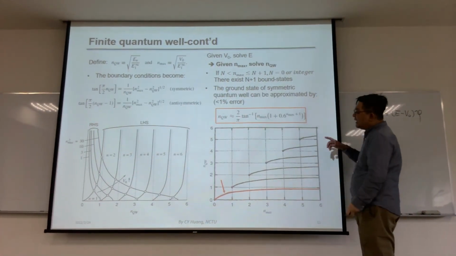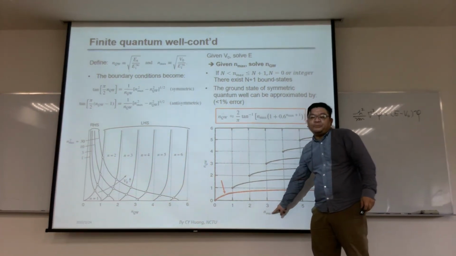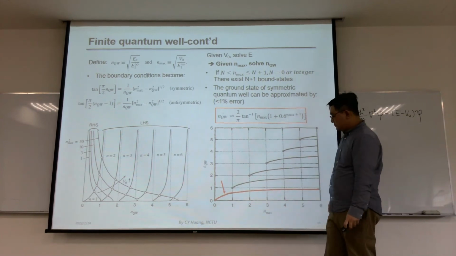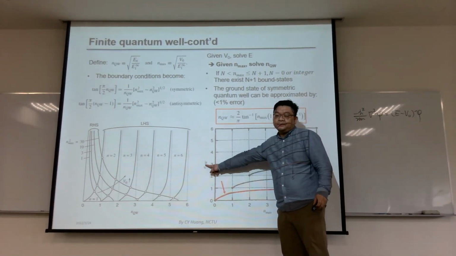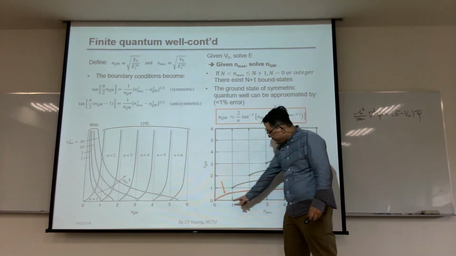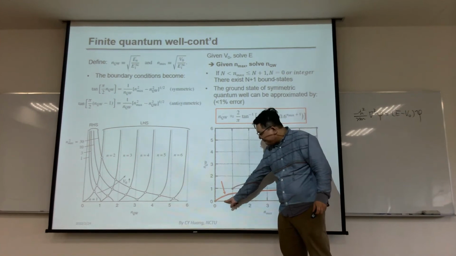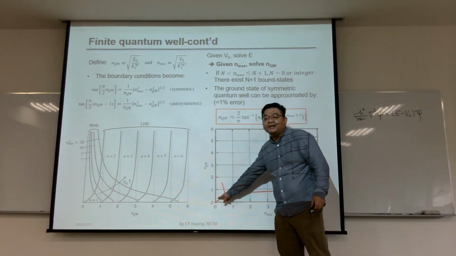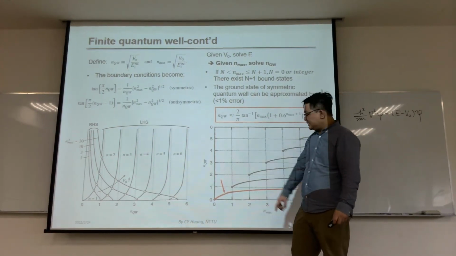Okay, let me tell you how to read this figure. This is the N max. N max represents how deep your quantum well is. And this is the corresponding NQW. If your N max is 0.5, then your NQW is something here. You can try to do it by figures. Probably we don't know what it is. Okay.